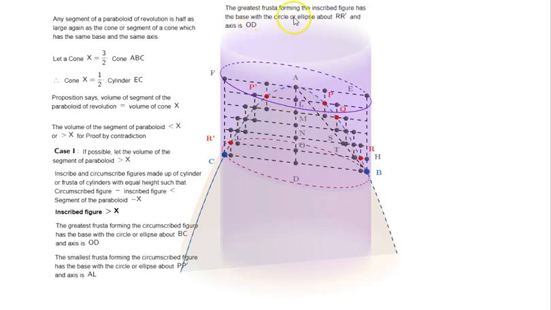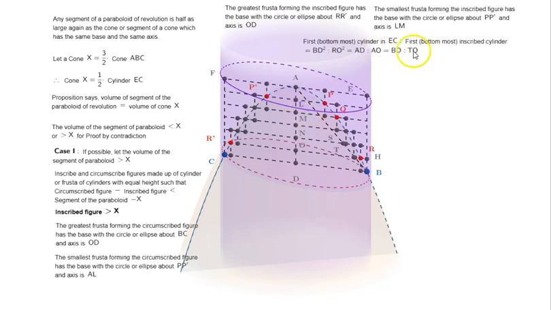The greatest frusta forming the inscribed figure has the base with the circular ellipse about RR prime and axis is OD. So RR prime, OD is the axis. The smallest frusta forming the inscribed figure has the base with the circular ellipse about PP prime and the axis is LM. So this is the inscribed figure, smallest one.